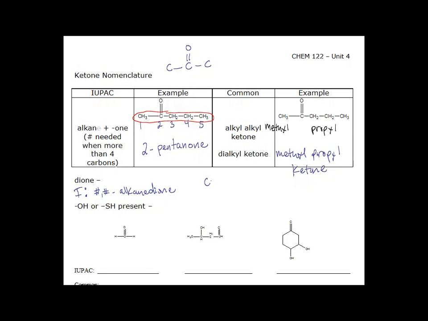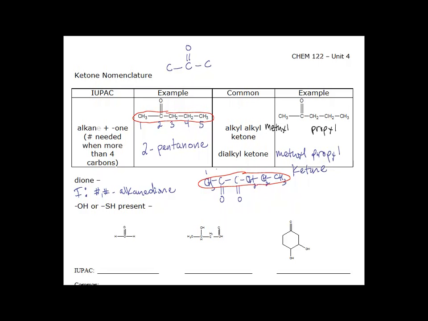So 2, 4, 6. So it has 6 carbons. So no hydrogens on that one. So this is an example of a dione.